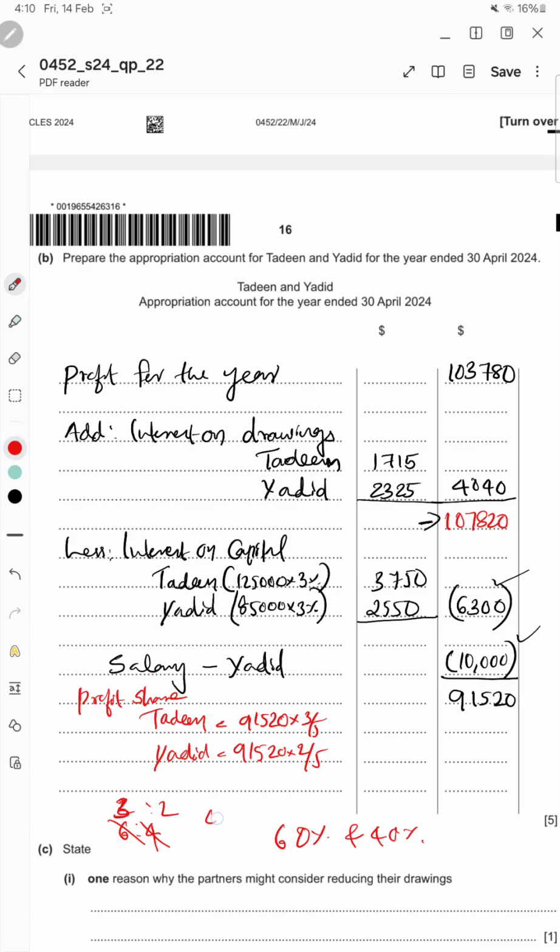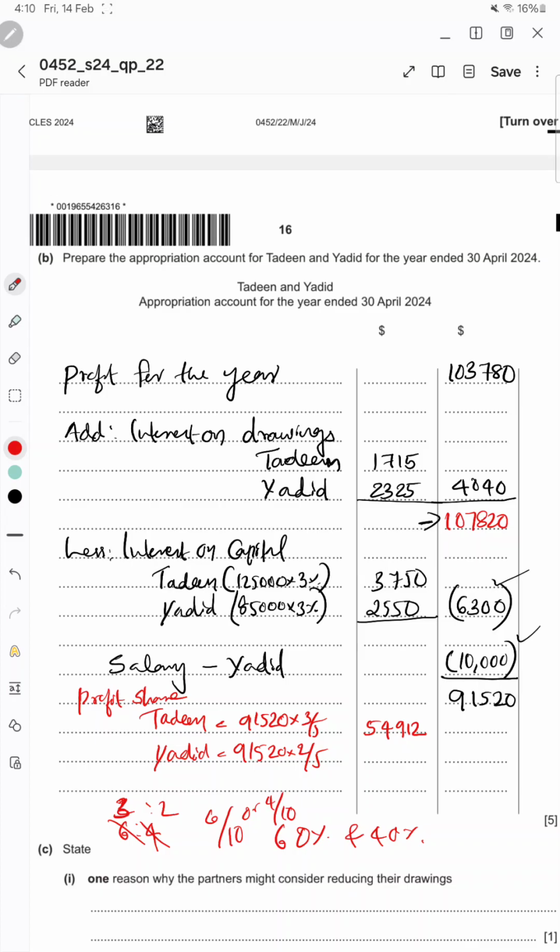You can write 6/10 or 4/10 also; both ways are acceptable. Otherwise you can reduce it and write it. If you are confused, you can take it directly. 91,520 multiplied by 3 divided by 5 will be 54,912.